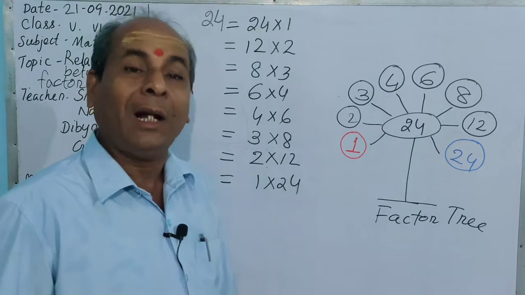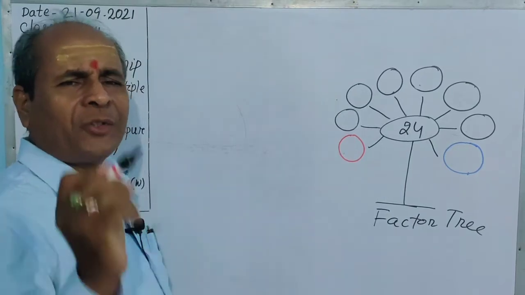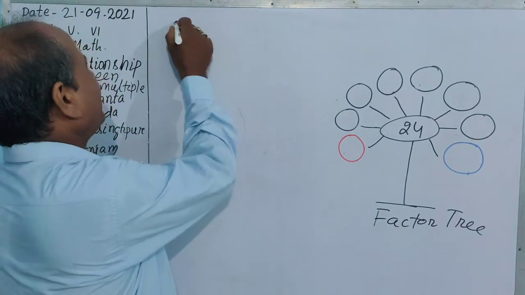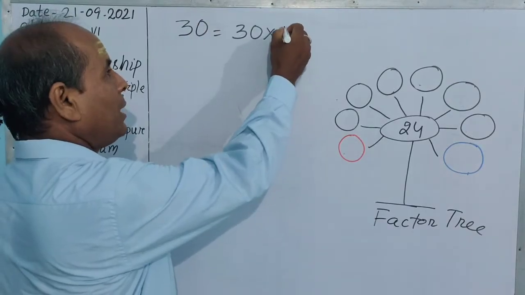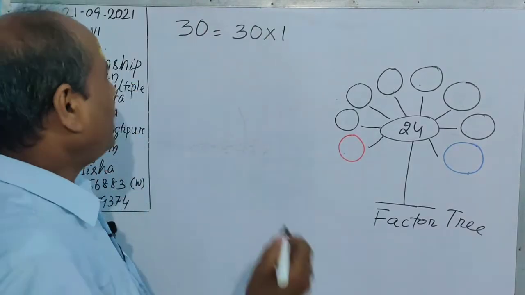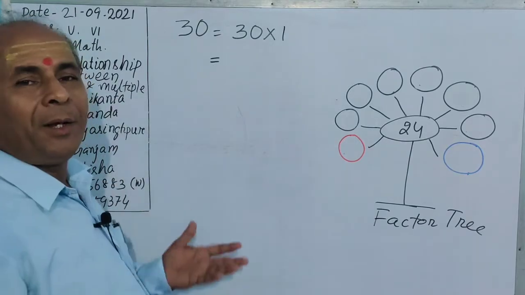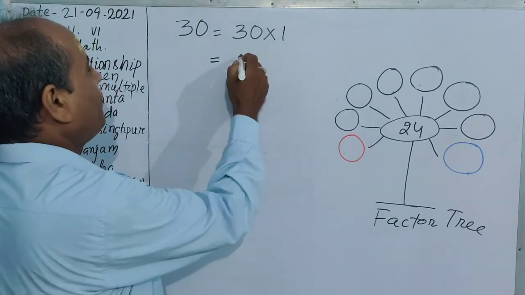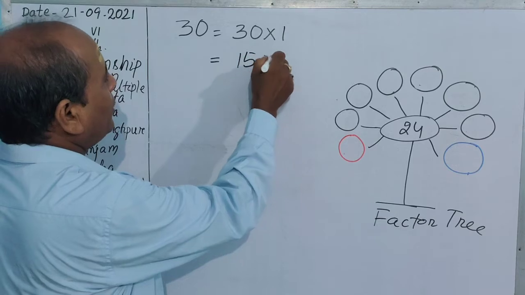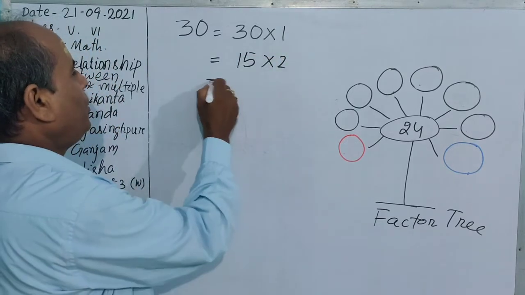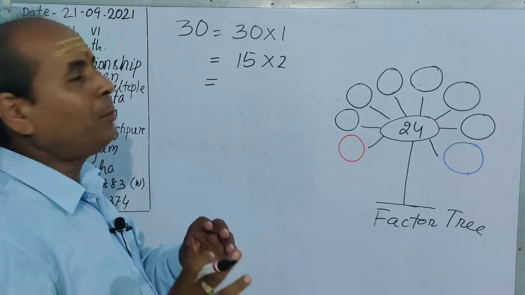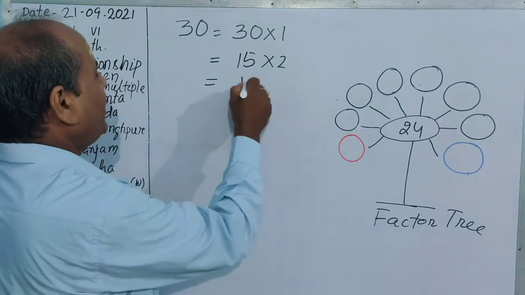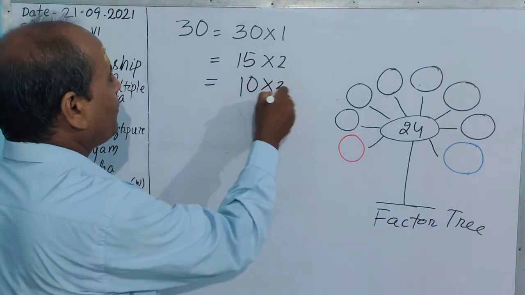Let's take another example, the example of 30. So what is 30? We can say 30 cross 1. Below 30, how can we get 30 with multiplication? Next, 15: 15 cross 2. Below 15, what do we get? Which other multiplication gives the product 30? 10 cross 3.